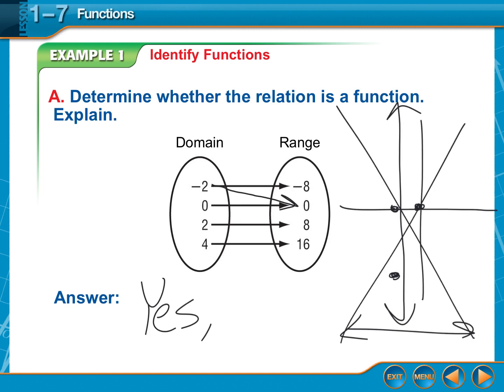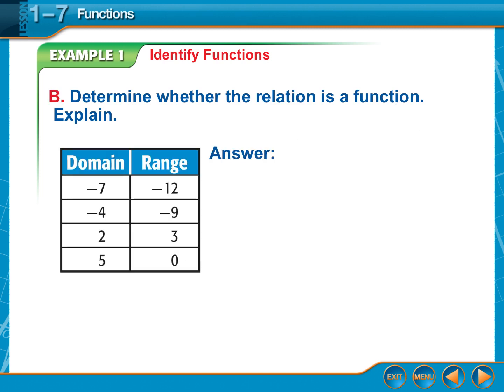So this one, yes. On this one, they did it a little differently, okay? So we have to look. Remember, domain is still our x's, and range is our y's. Okay, so let's look. Negative 7, negative 12. Negative 4, negative 9, 2, 3, 5, 0.